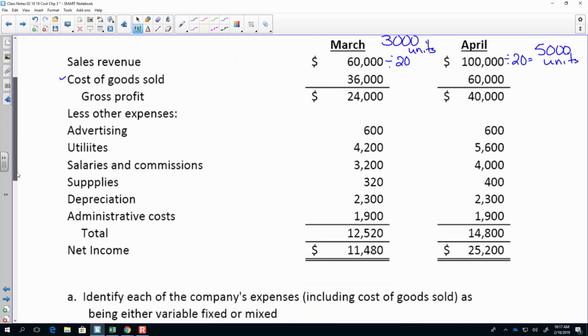Yes. So this was a test question many moons ago. I want you to figure out which ones are fixed, which ones are variable, which ones are mixed. The other fixed ones are right here: depreciation, administration costs. I think that's it.